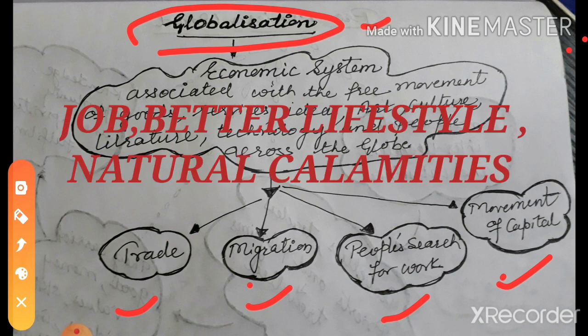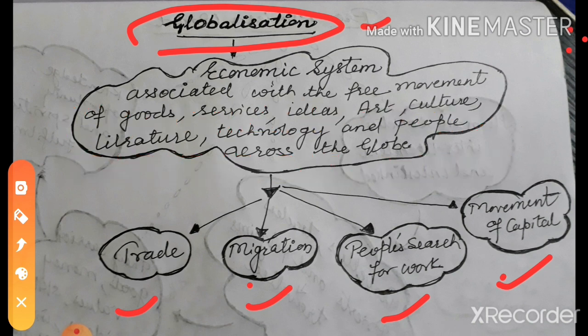Even recently you all have seen, due to the corona or due to the lockdown, the people or the laborers, those who were in Maharashtra, Delhi, Punjab as well as Gujarat, they all started migrating from all these places to यूपी. तो ये एक कैलामिटी थी, एक कैलामिटी है जिसकी वजह से लोग माइग्रेट होकर यहाँ पर आने लगे.